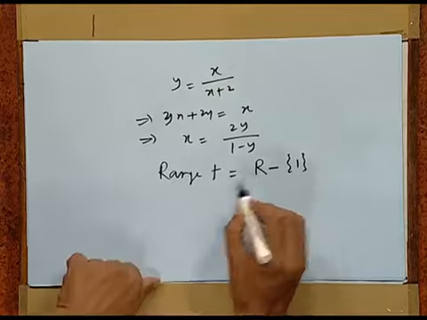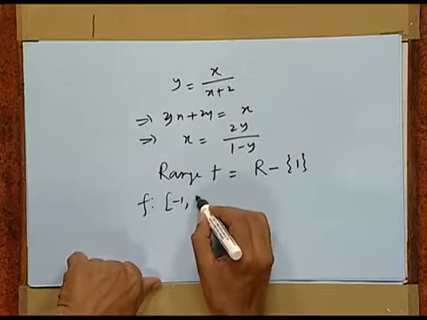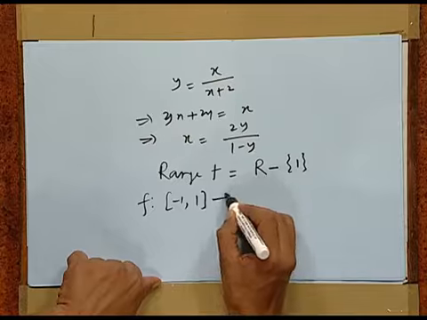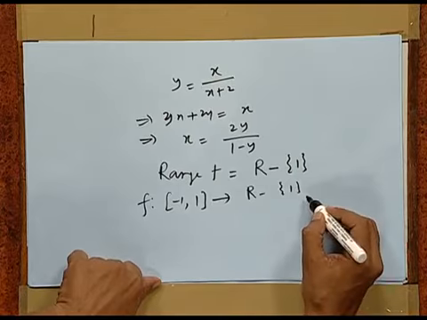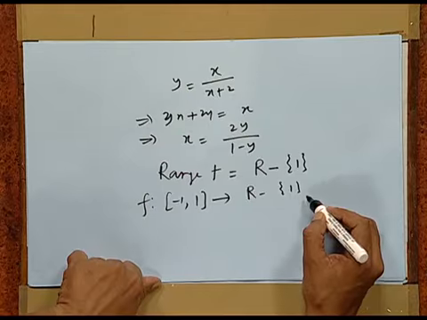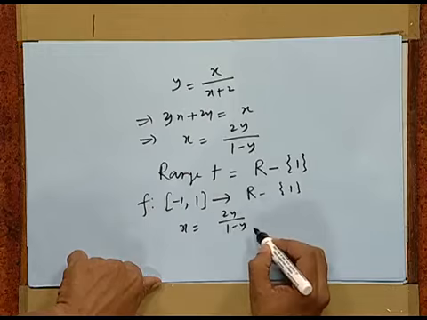So, the function f from the closed interval [-1, 1] to R minus {1} is both one-one and onto. So, it has an inverse. As before, we had x equals 2y upon 1 minus y.